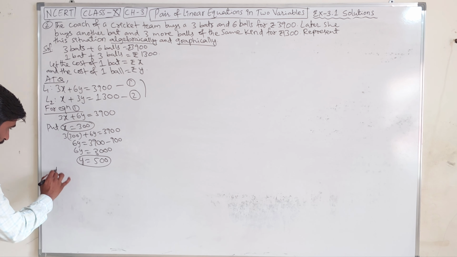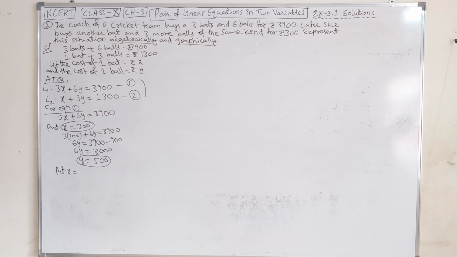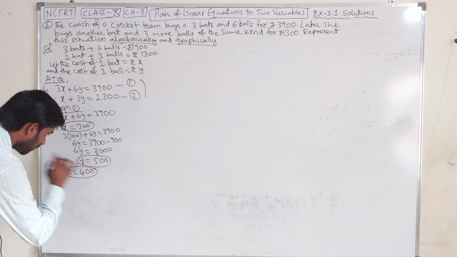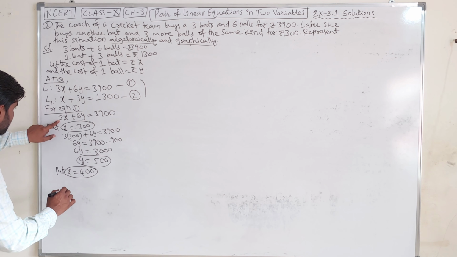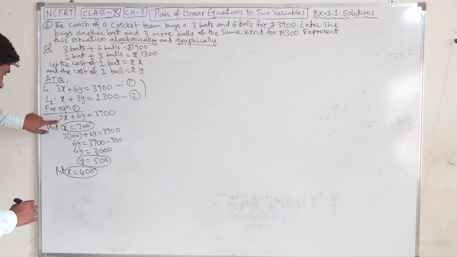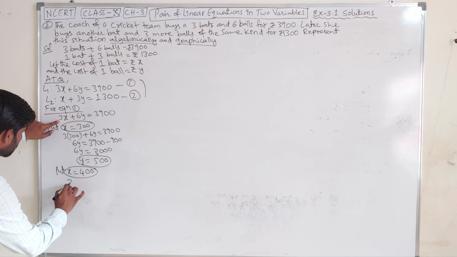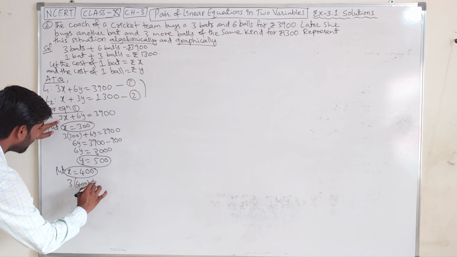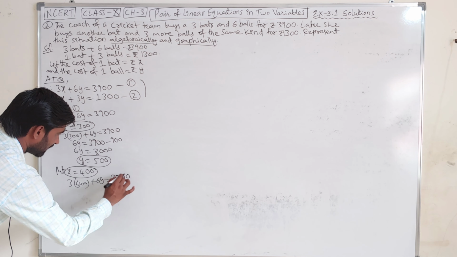Next, put x equal to 400. So what will we get here? 3 into 400 plus 6y equal to 3900.